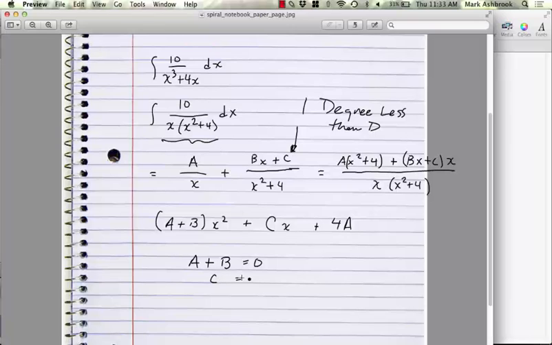C would be 0. There's 0x in the numerator, and then our 4a would be 10, so C is 0. A is 5/2 from that last equation. So then B is negative 5/2 from the first equation.